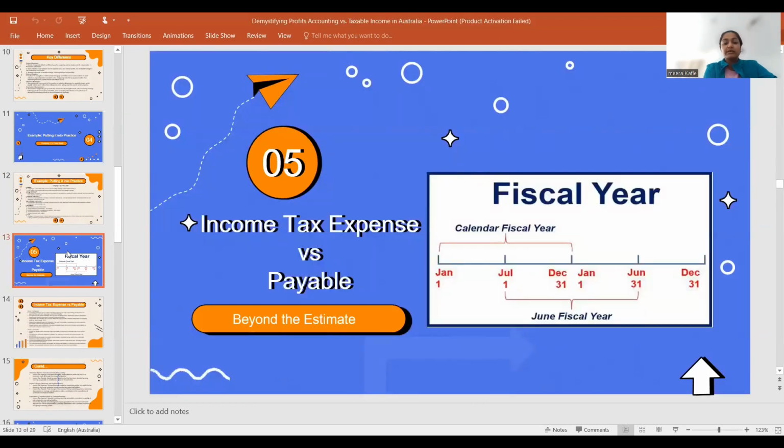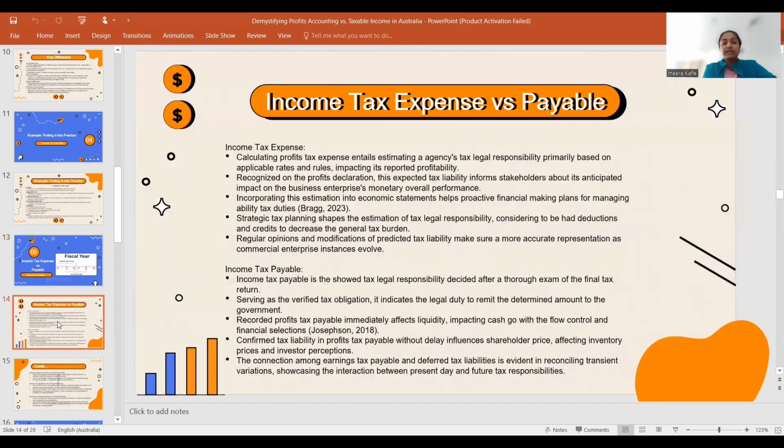Now, let's talk about income tax expenses versus payable. It can be more clear from the given content. Income tax expenses. Calculating profit tax expenses entails estimating agencies' tax legal responsibility primarily based on applicable rate and rules impacting its imported profitability recognized on the profit declaration.